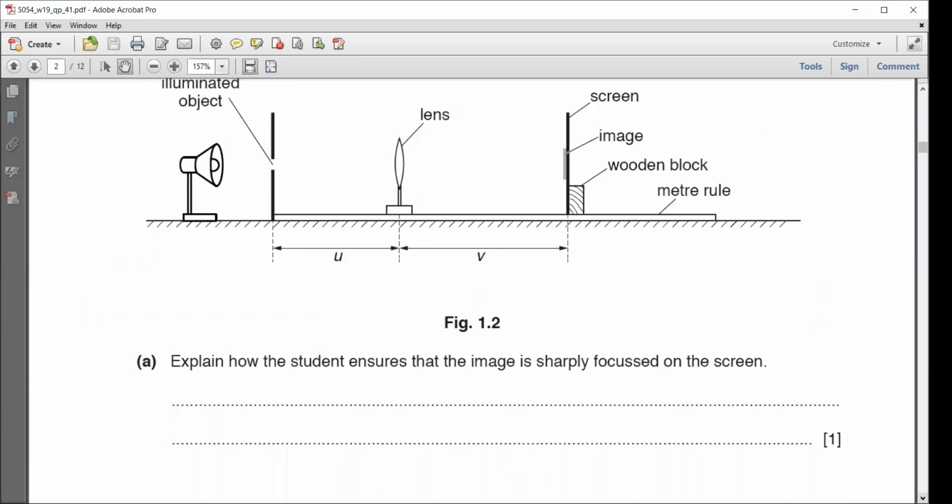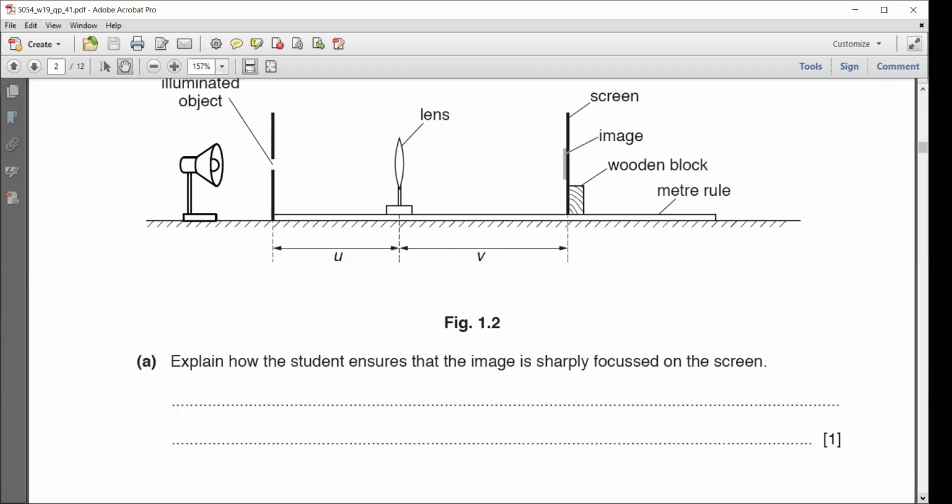How will he do it? He will move something. What does he need to move? The lens. Wooden block. The screen can be moved forward or backward, a little bit, slowly.